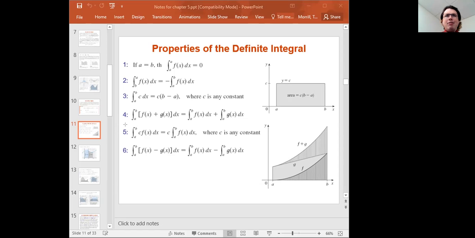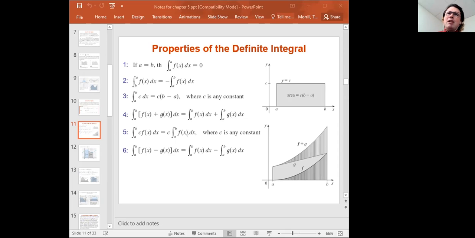And similarly for number 5 here, if I stretch my function along the y-axis, right? If I stretch it up vertically, if I compress it vertically, I do that by multiplying by a constant. But if I think about what those rectangles in the Riemann sum would be doing, each of those rectangles would be stretched or shrunk by that same constant multiple. So I can get the same calculation by looking at the constant c times the integral.